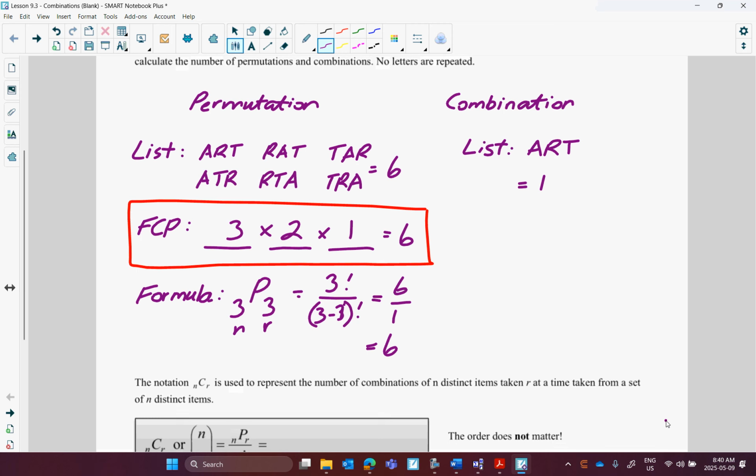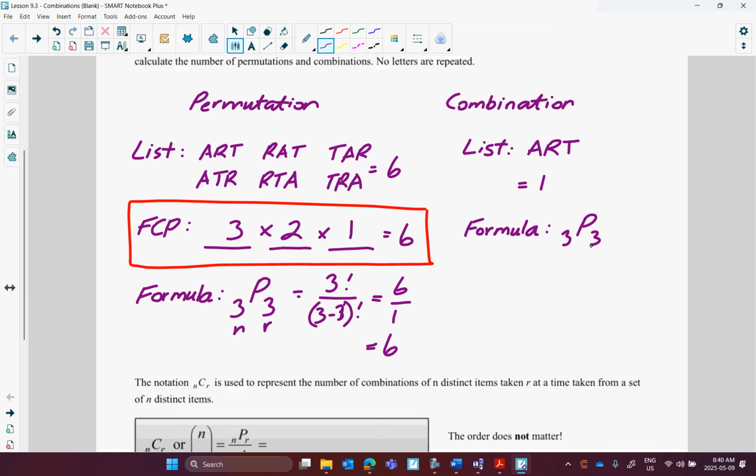Now, we can't use the fundamental counting principle for this, but we can use a formula. What we can do is pretend order matters. If order matters, that becomes a permutation, and I get 6 different ways. But many of those ways have repeated. ART is the same as TRA, is the same as RAT, is the same as TAR.